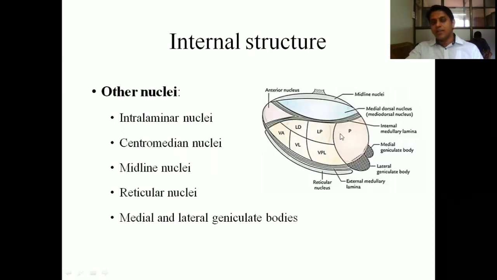They are in the association group. The rest of the nuclei are non-specific nuclei because they neither connect the ascending pathway nor have connections to specific areas of the cerebral cortex.